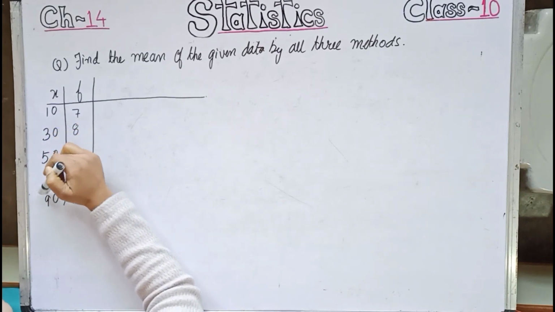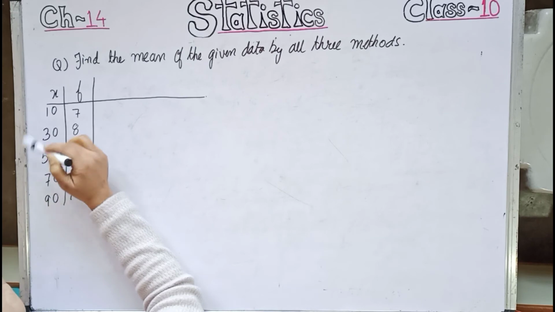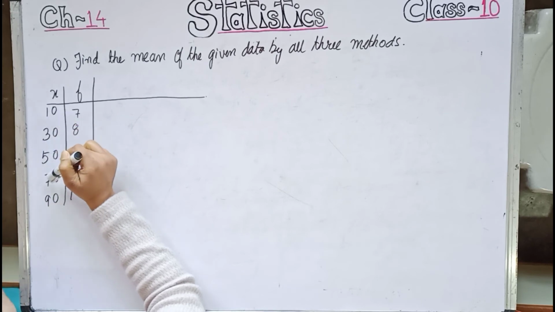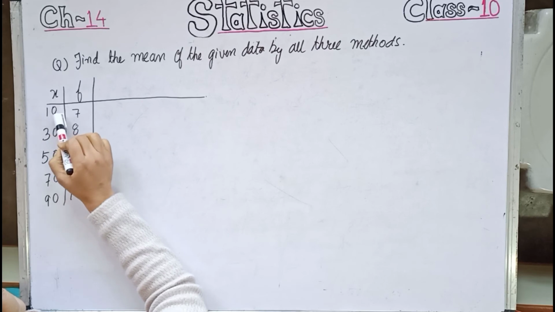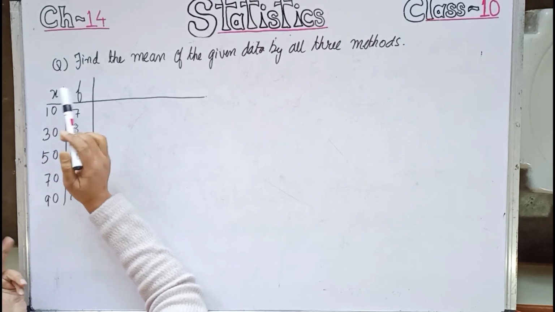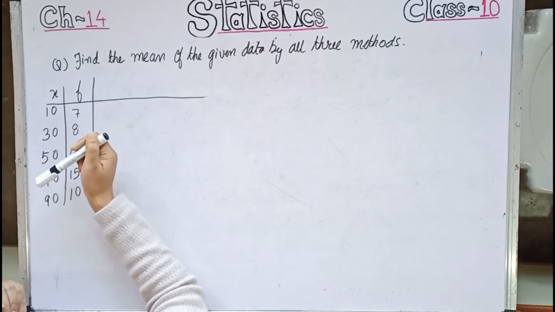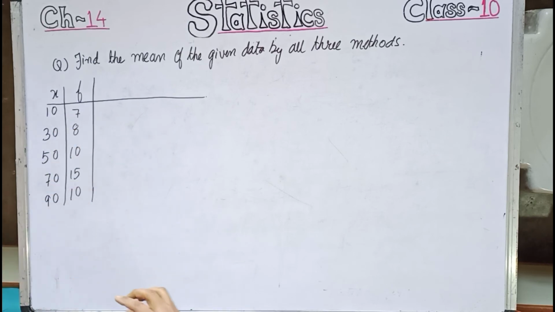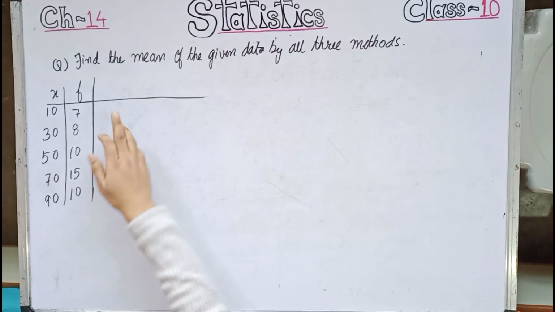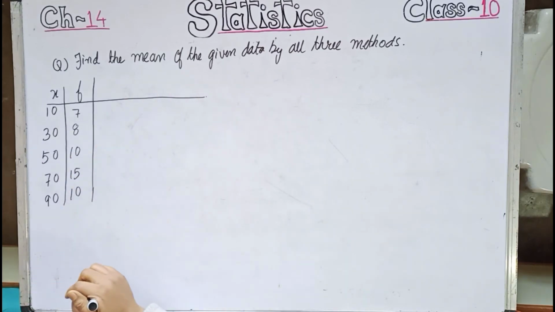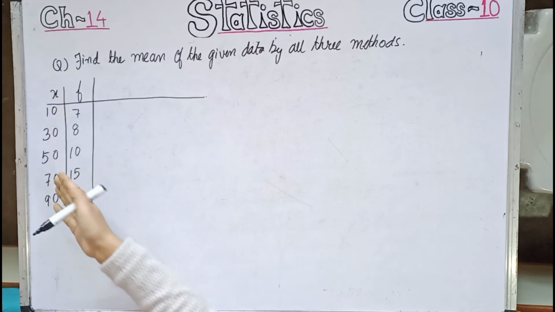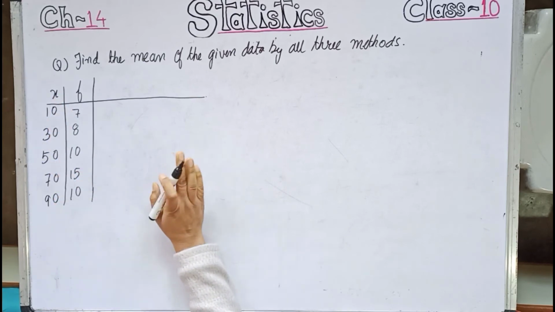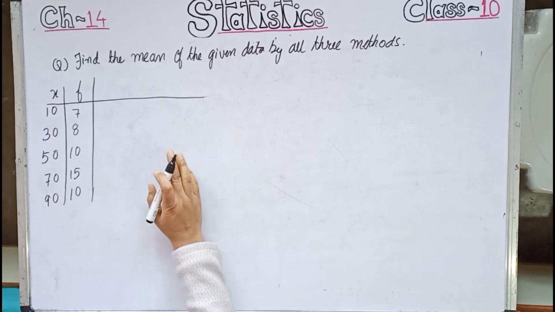If the CI column is given, you can make the variate column. If the variate is 10, you can write 0 to 20, then 20 to 40, and so on. Here the X column, here the F column, and we have to find the mean by all three methods. In some questions, the CI column may not be given, and only the X column may be given. So let us proceed with this given data.